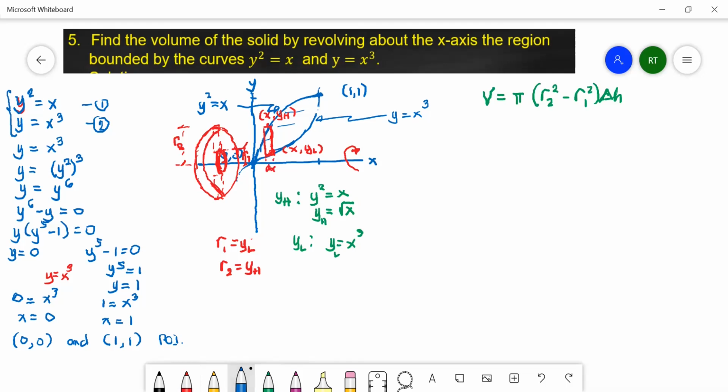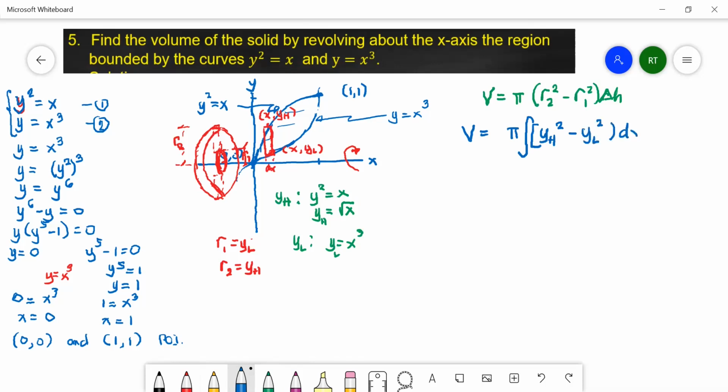And finding the volume of the element which is revolved about the x-axis will give us pi times the integral of R sub 2, which is YH, Y upper squared, minus R sub 1, which is Y lower squared.